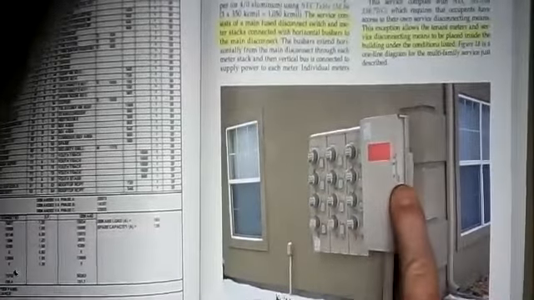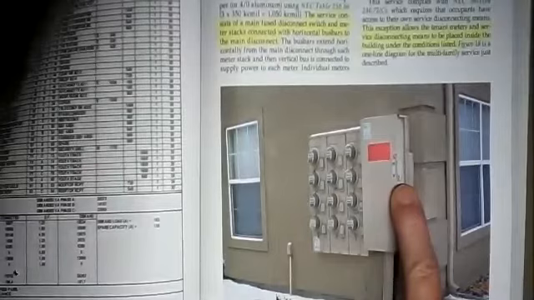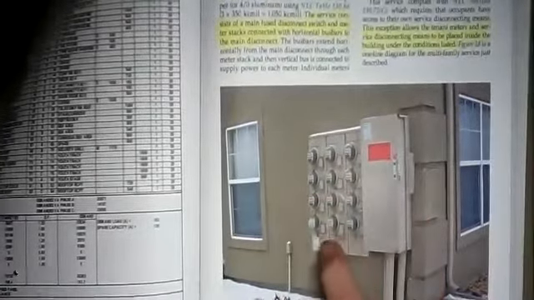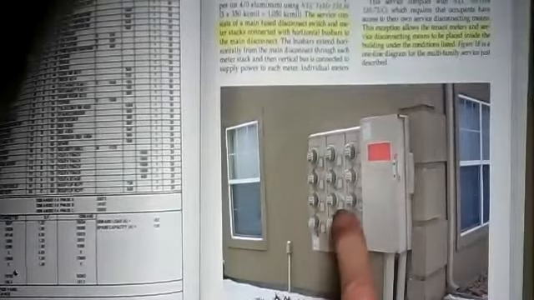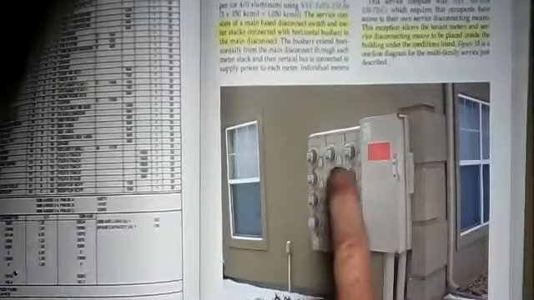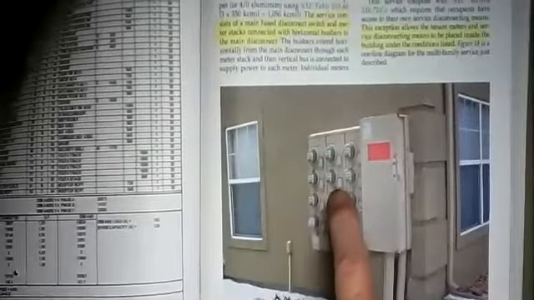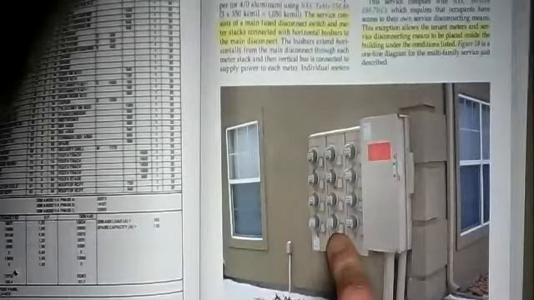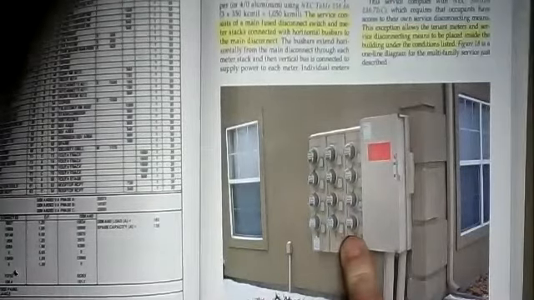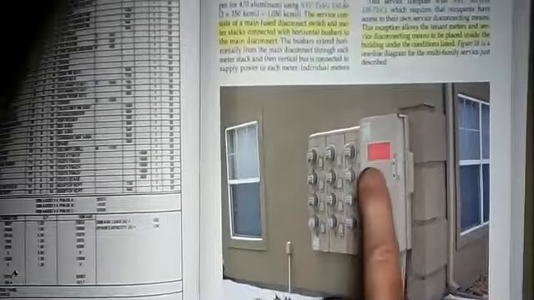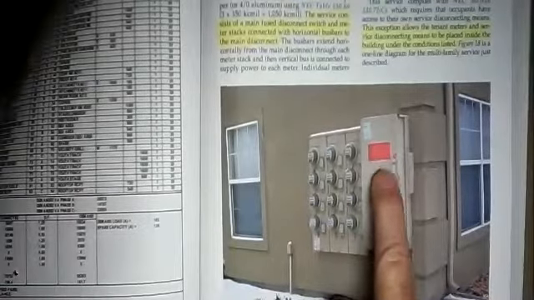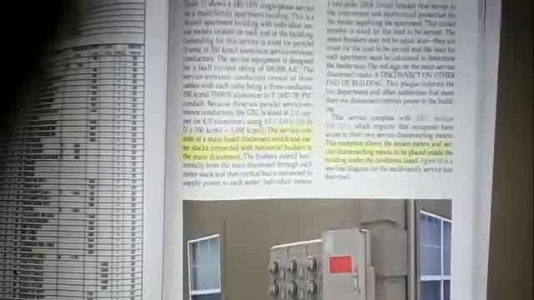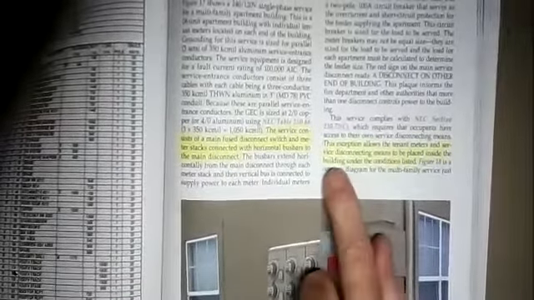Here's your main disconnect. You can't have more than 6 main disconnects. So here's one disconnect that disconnects all of these meters. And each one of these probably has its own disconnect switch, the main overcurrent protective device for the apartment. So here's 12 of them, and they've got 12 at the other end of the building. And there's a red label, a placard on the front of that main disconnect saying that there's another main disconnect on the other end of the building.